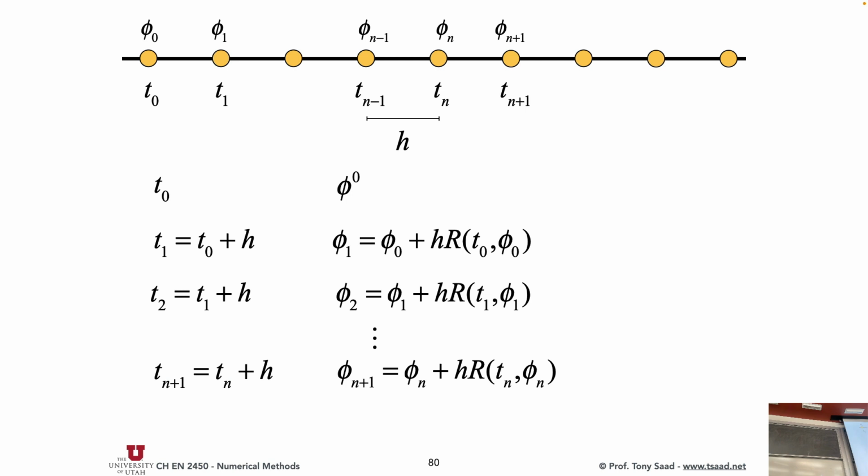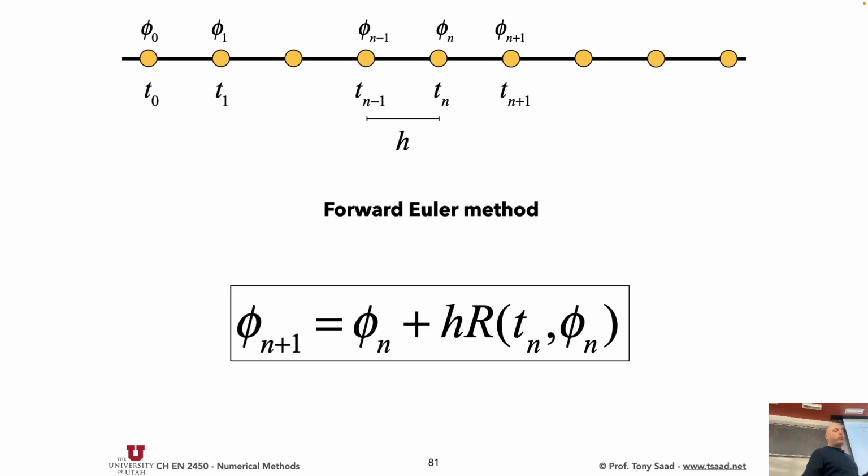Now, that's why we call this an explicit method, because all you need to know is the values in the past, and you can predict the future one step at a time. There's no implicitness involved in any of this. Okay? That's called the forward Euler method.